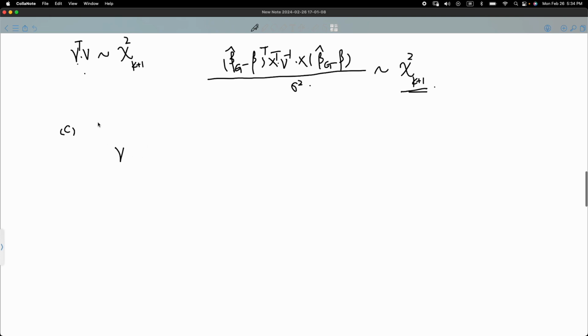Back to question C, we want a non-central version. So the only difference, again, is that we don't need to subtract the beta to center the mass of the normal distribution. So we are going to define the transformation in this way.